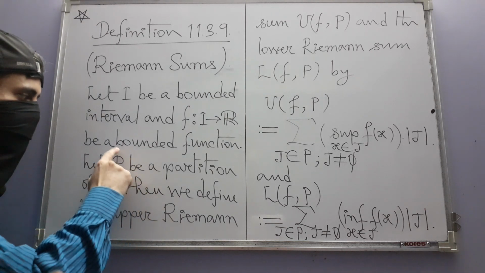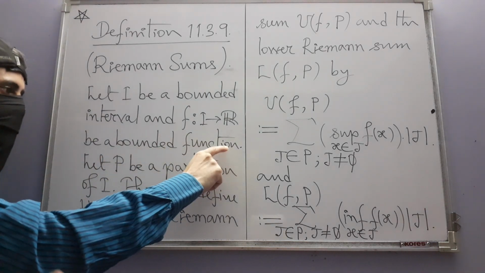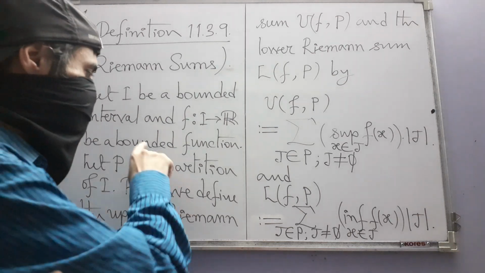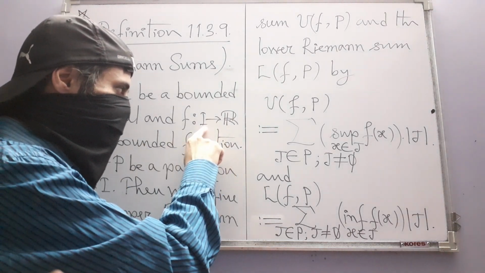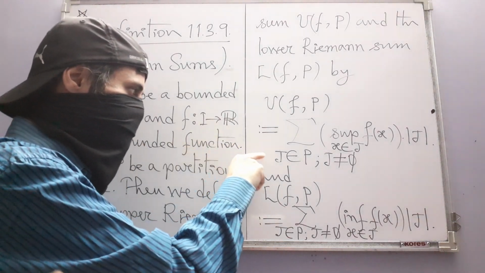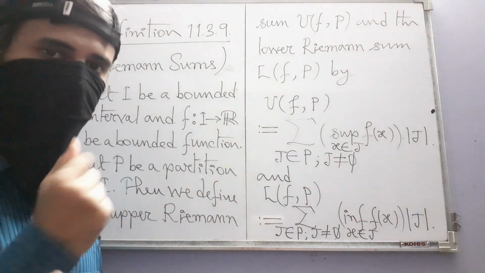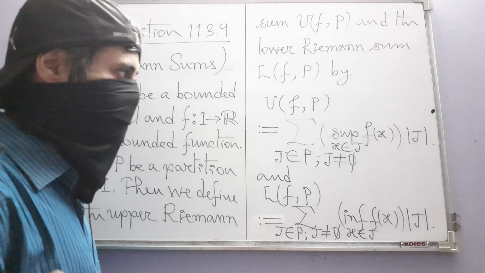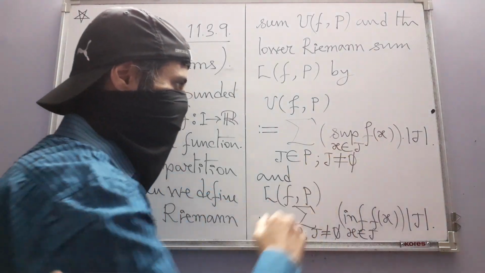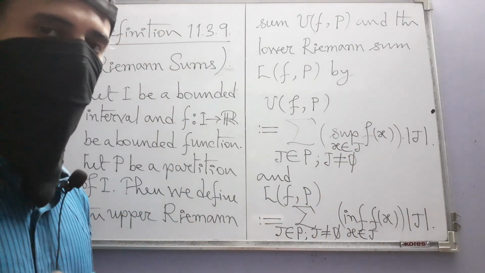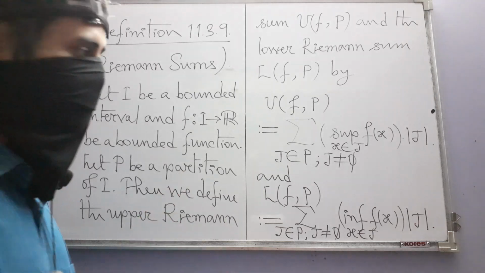And this is where boundedness of the function comes into play. Because the function is bounded on I, it will in particular be bounded on j, because j is after all only a part of I. And that's why the supremum will exist, meaning it will be a real number, but there is one more condition.